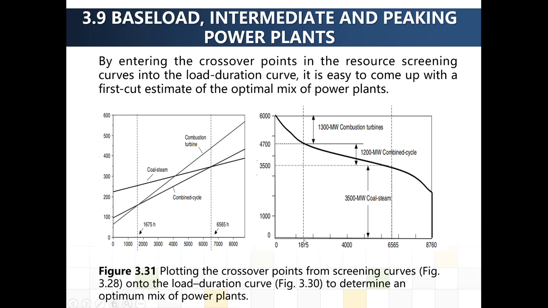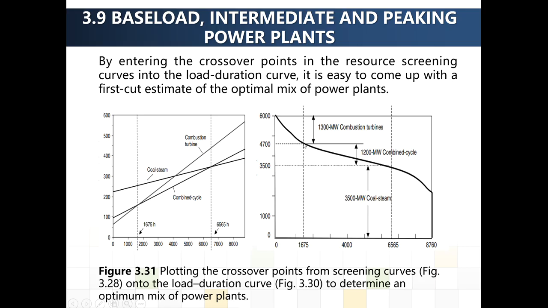So if we find the load curve at 1675 hours, then we can see the load to be served should be between about 4700 megawatt and 6000 megawatt, right?